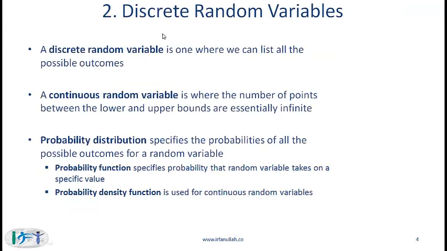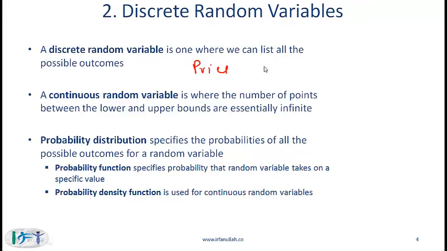Let us quickly review random variables, and first let's look at a discrete random variable. A discrete random variable is one where we can list all the possible outcomes. And we've talked about this briefly in the earlier reading, but stock price would be a discrete random variable because a stock price takes on specific values.